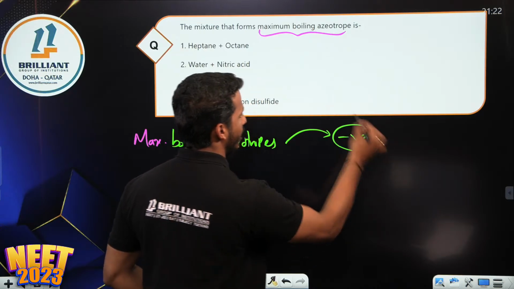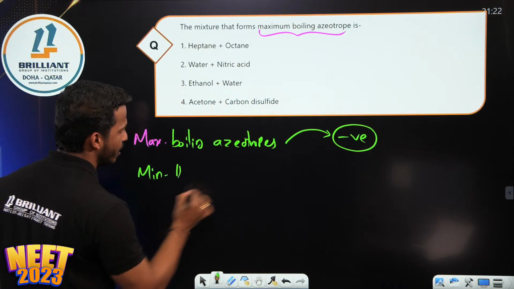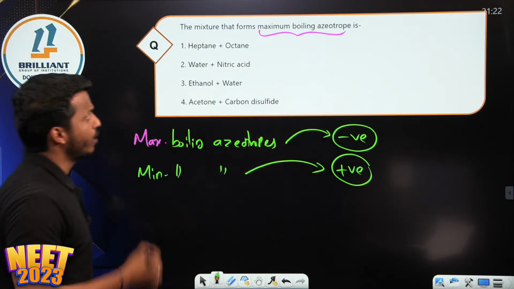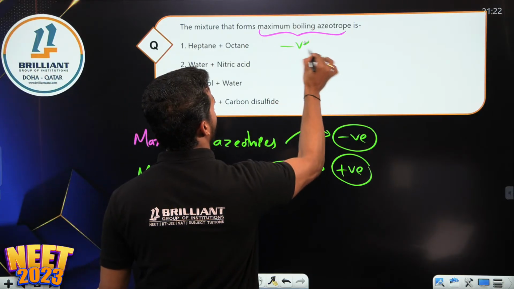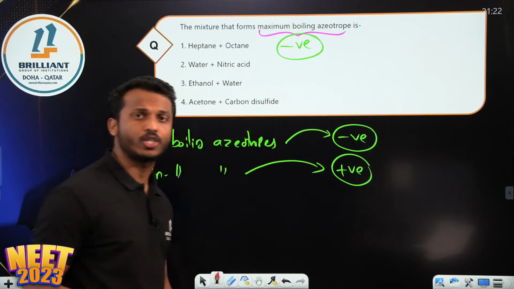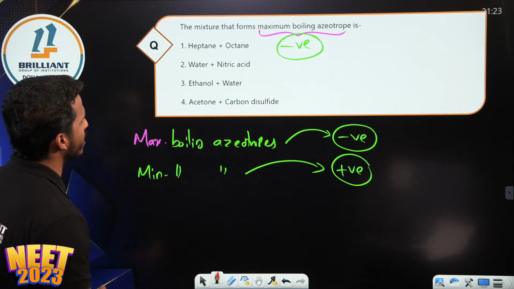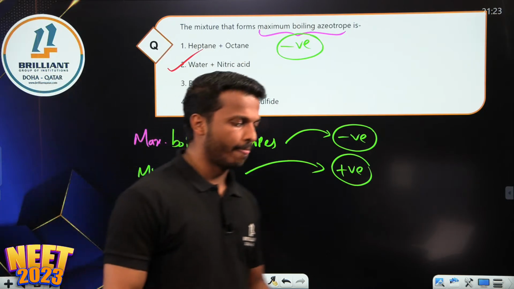Negative deviation. And minimum boiling azeotropes are formed by positive deviation. So maximum boiling azeotrope means an example of negative deviation. Negative deviation mostly contains acids. Where are acids present? Water with nitric acid.